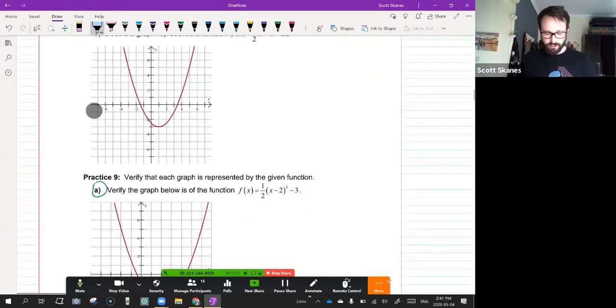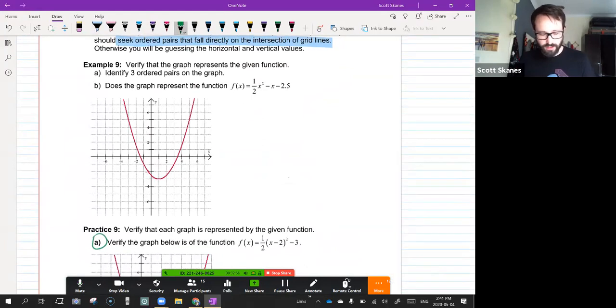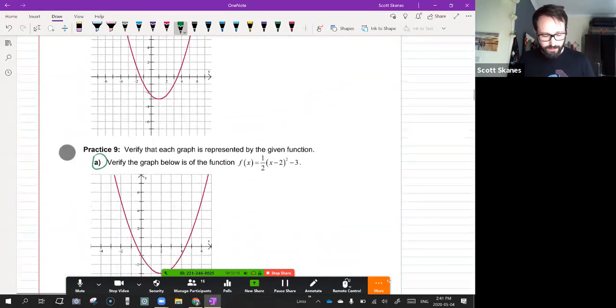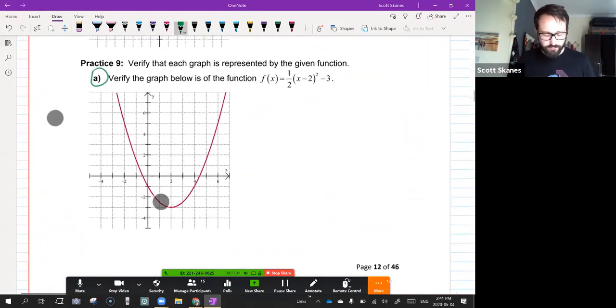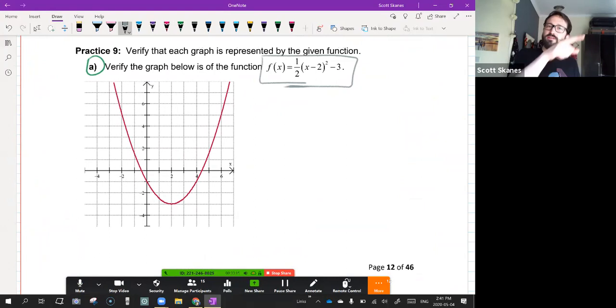So let's get to the point. Let me show you what I'm talking about here. Mr. Tom already did example 9. Okay, so that's in a video already. In the practice here, it says we need to verify that each graph is represented by the given function. Okay, verify the graph below is of this function. So it's saying, first of all, is this equation the equation for this graph?